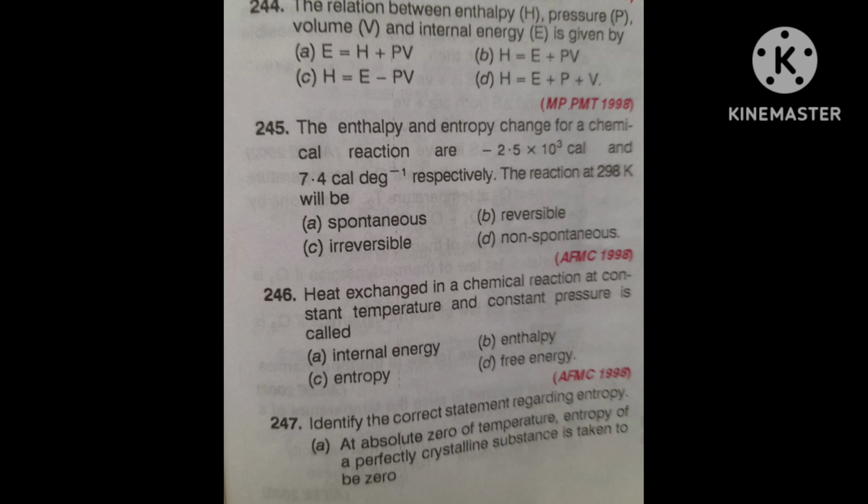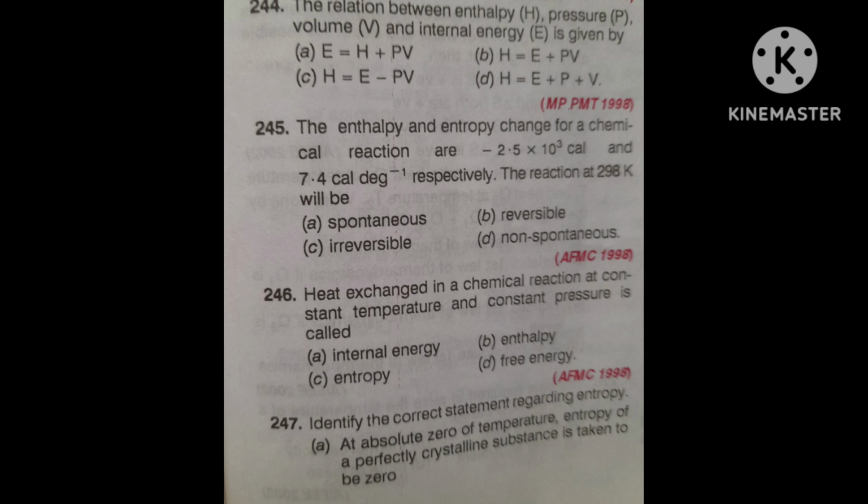T is equal to 25, and delta S value is given 7.4. Hence, if you solve it, minus 2.5 into 10 to the power 3 minus T into delta S, 25 into 7.4, finally the answer will be negative.